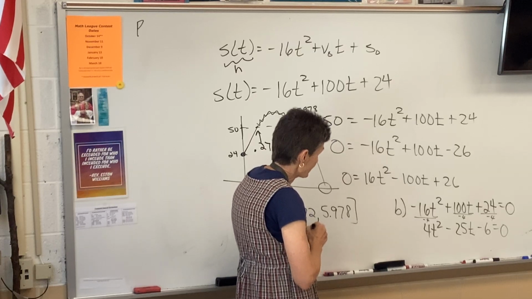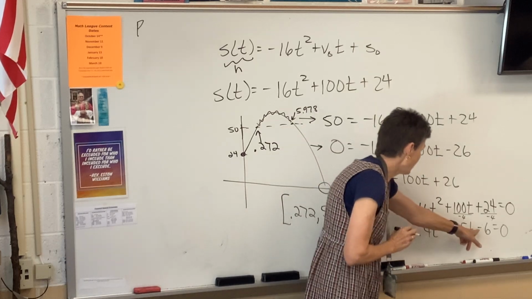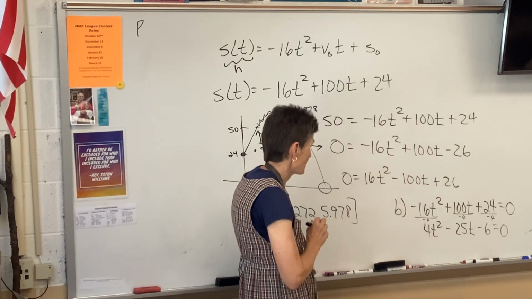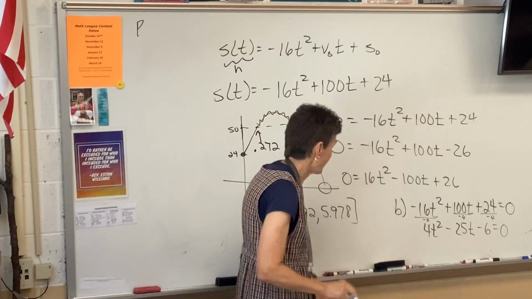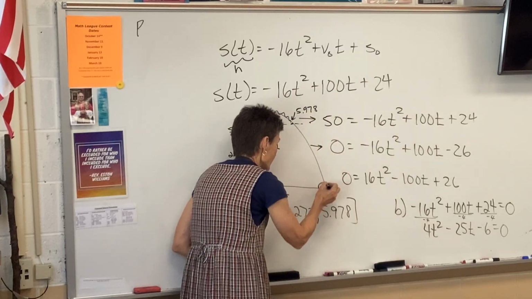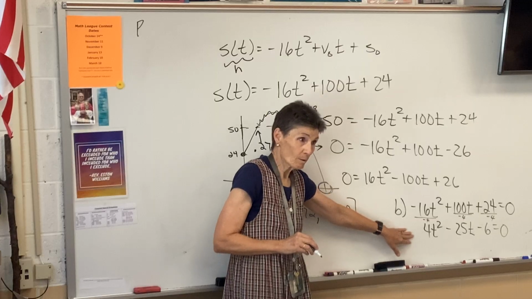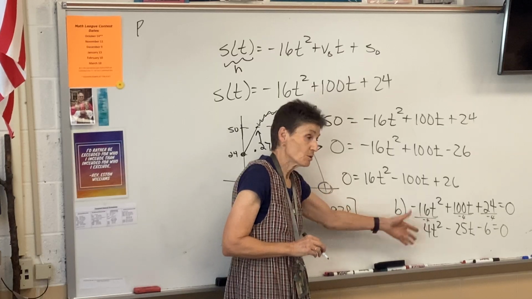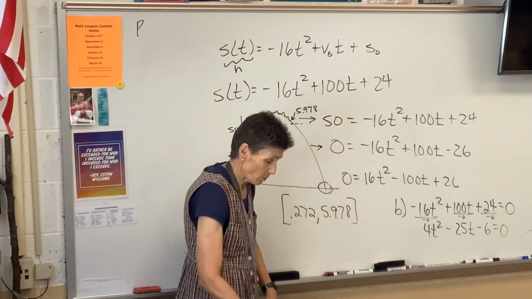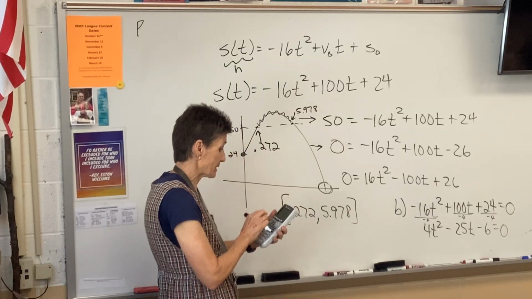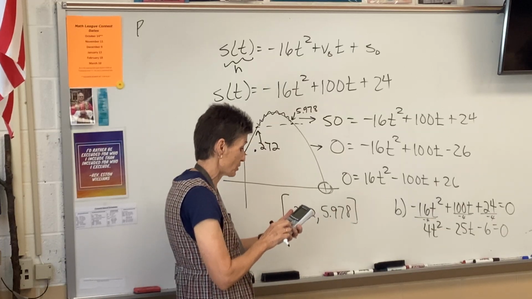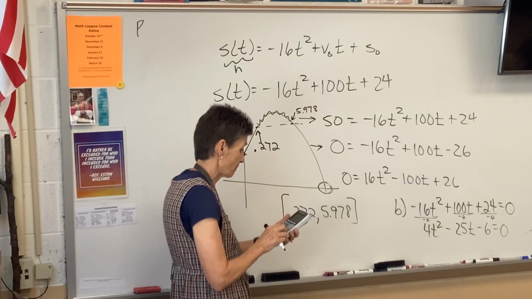Doesn't look promising. If that were plus, maybe it would. Alright, so here we go. I could use my calculator again, or I could use the quadratic formula, right? Either one, doesn't matter. So if I use my calculator, I type in, actually just to do it at 50.